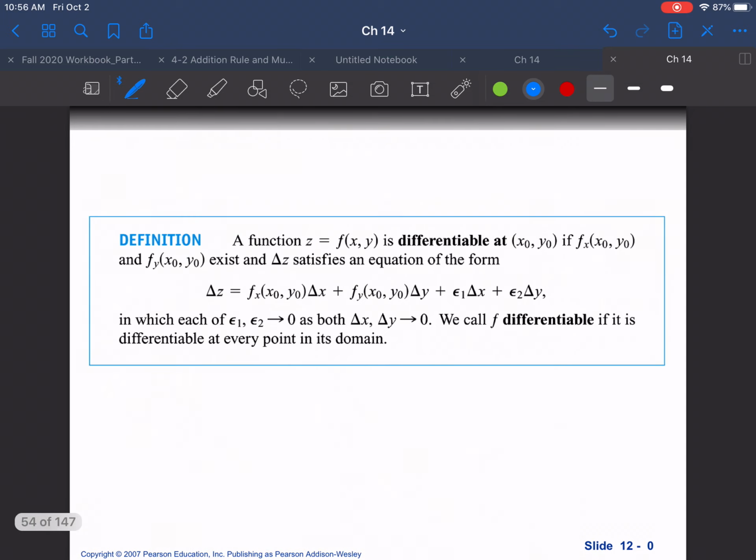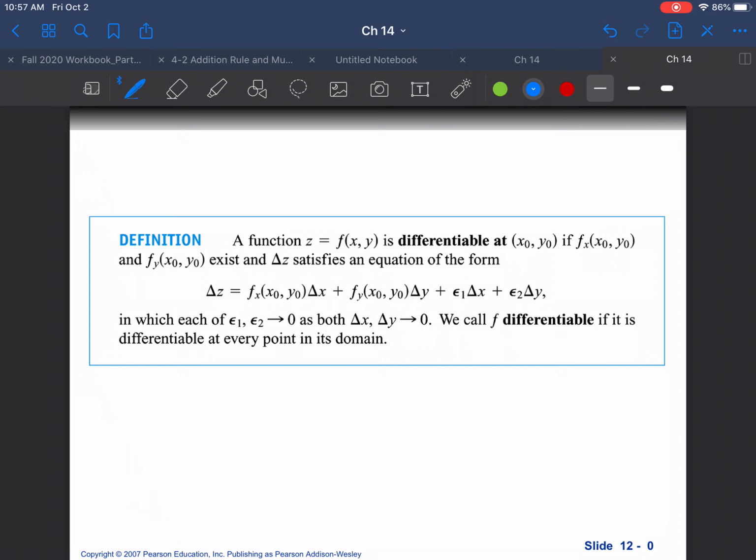All right, so let's take a look at another definition here. A function z equals f of x, y is differentiable at x naught, y naught if the partial derivative with respect to x evaluated at x naught, y naught and the partial derivative with respect to y evaluated at x naught, y naught exist and delta z satisfies an equation of the form, and then we have that same form here.